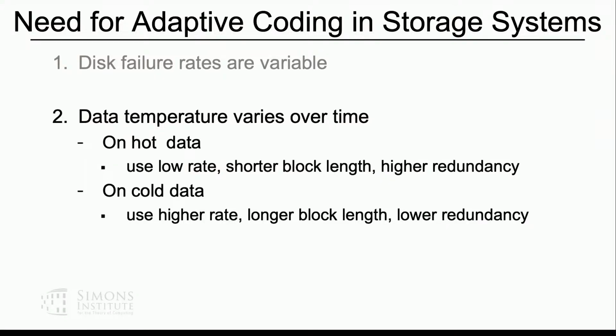Longer codes take more time, higher tail latency. So when the data is hot, you would want to use certain parameters, and when the data gets cold, you would want to go to high rate to reduce the storage overhead. So data temperature varying over time is also another reason why one wants to do adaptive coding. Okay, so these are the reasons for adaptive coding.